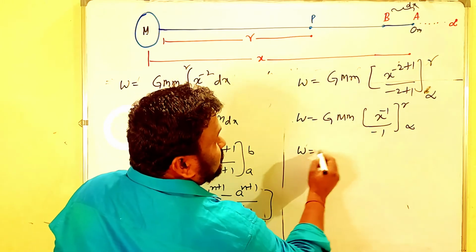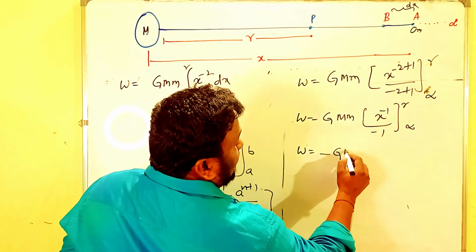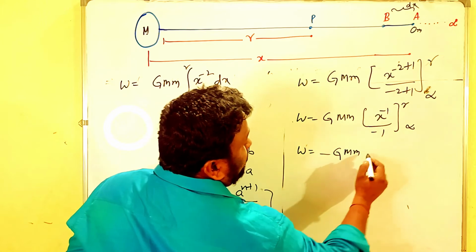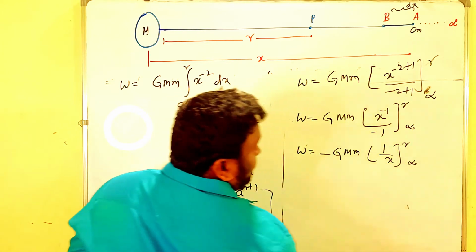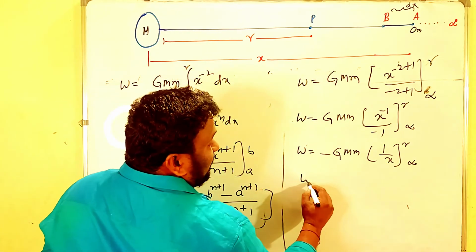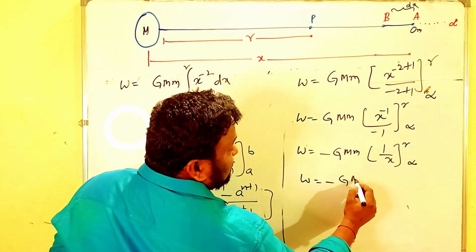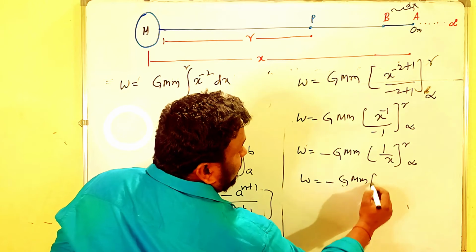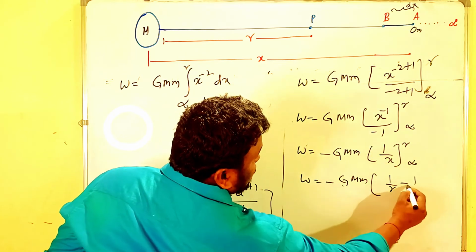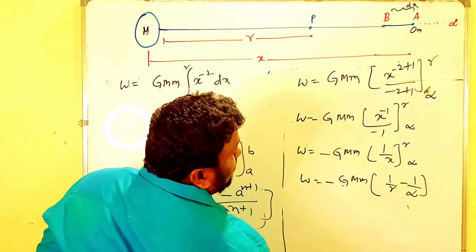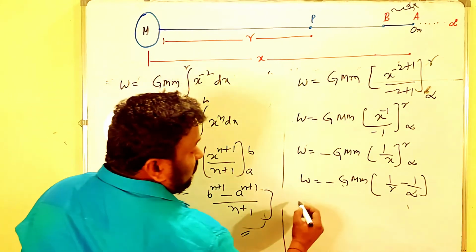Here W is equal to minus G M m of 1 by x, with limits r and infinity. So W is equal to minus G M m into, first substitute the upper limit, 1 by r minus 1 by infinity. The value of 1 by infinity is 0. Then what do you get?